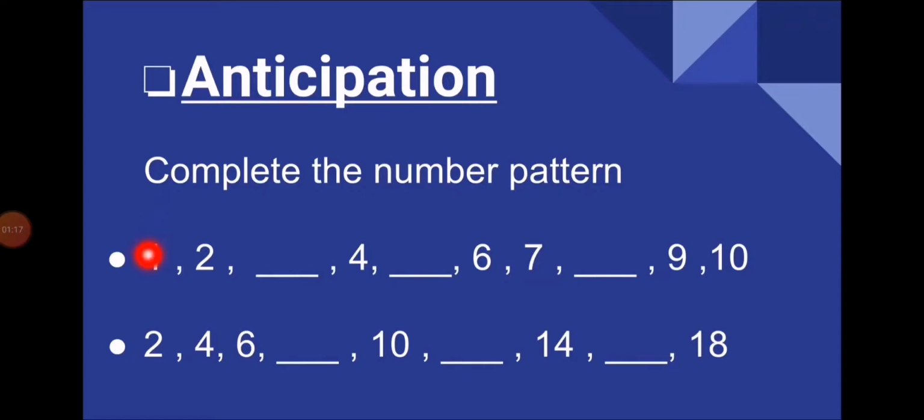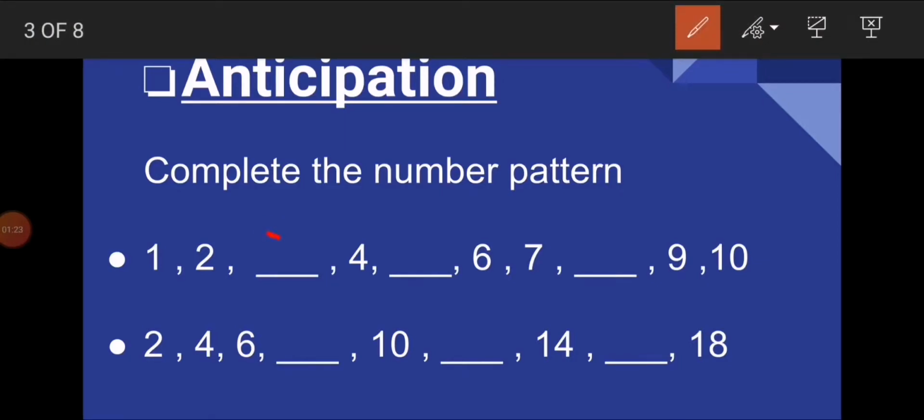So it's 1, 2. What will be the next number? Yes, it's 3. So you will write 3. Then 4. Next is 5. 6, 7, next is 8, 9, 10.